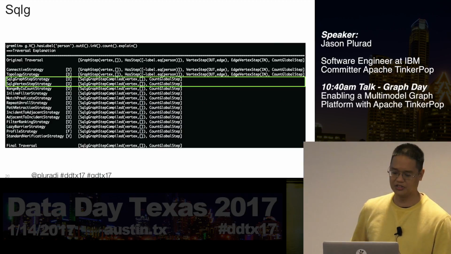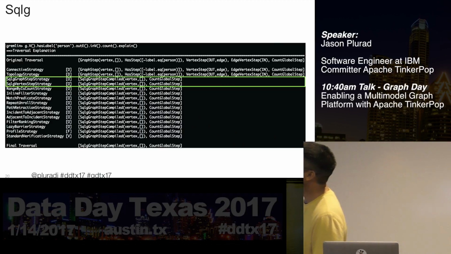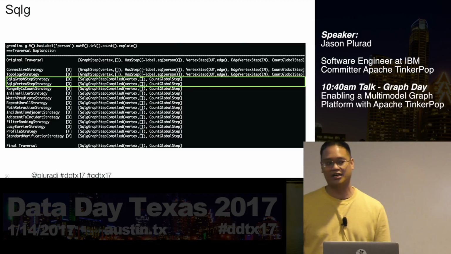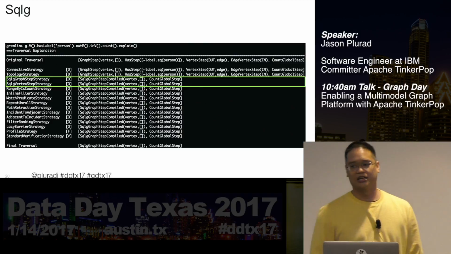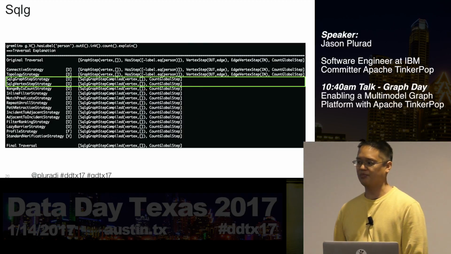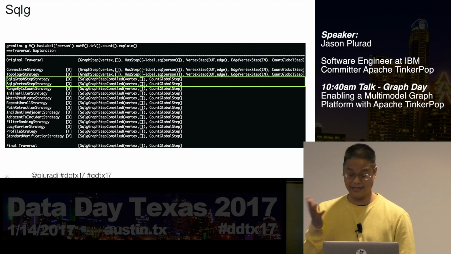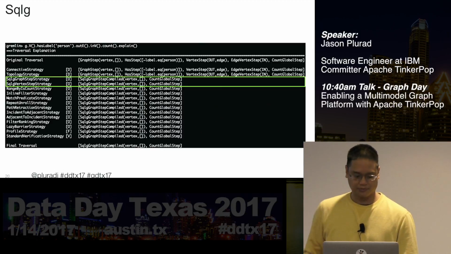If we look at the execution plan here with the explain step, you can see that we've got a SQL graph step and a vertex step. This is a pretty common pattern as we look at different TinkerPop providers. Having a graph step and a vertex step is really the main starting point for building out any optimization.